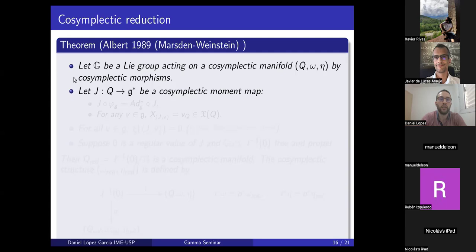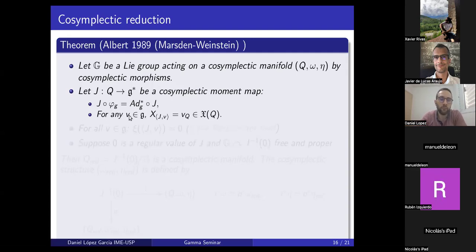Okay, let me consider a Lie group acting on a cosymplectic manifold by cosymplectic morphisms. And let me suppose that we have this map from Q to the dual of the Lie algebra, which is a cosymplectic moment map. What does that mean? That means that this map is G-equivariant with respect to the coadjoint action on the dual of the Lie algebra.